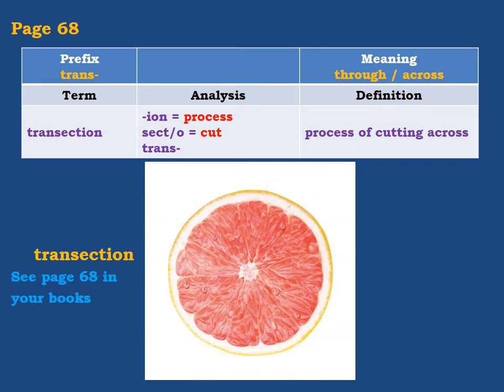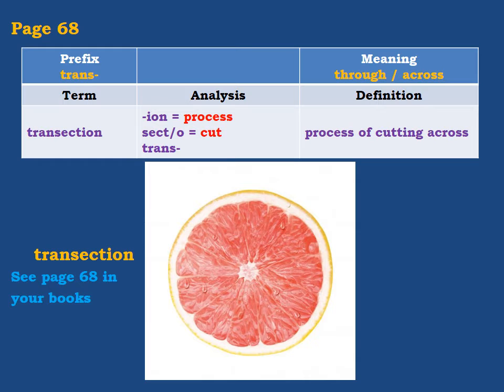The next prefix we have is trans, which means through or across. The term we have is transection. ION means process, sect from section means cut, and the meaning is process of cutting across.